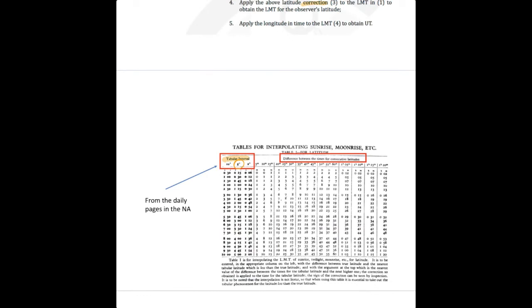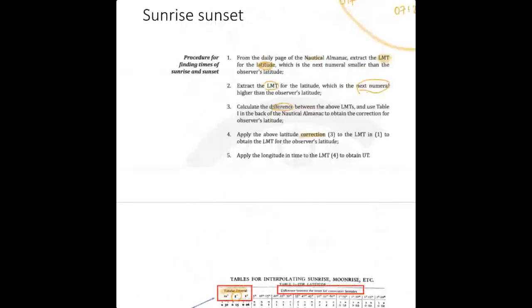Let's say we are between 45 and 50 degrees, at 47 degrees. The difference here is 2 degrees, so we go down in the column of 5 degrees until we find 2 degrees. The difference between the two times was 23 minutes, so this is something between 20 and 25, and 23 is closer to 25. So our correction is 9 minutes.